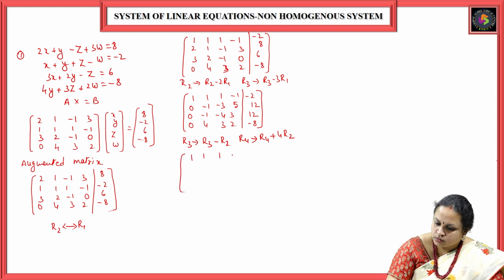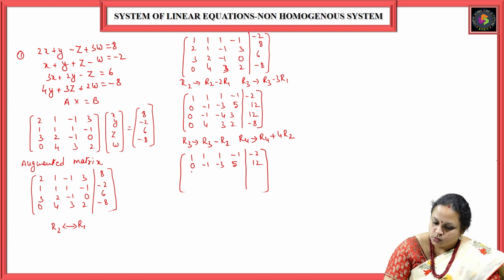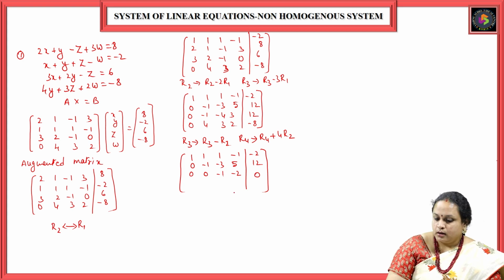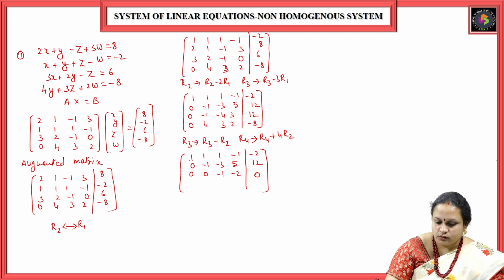First row is not changing. Second row is also not changing. Now come to the third row, R3 minus R2. So it is 0, 0, minus 1, minus 2, 0. Then R4 plus 4 R2.